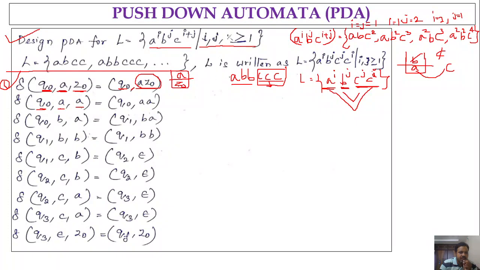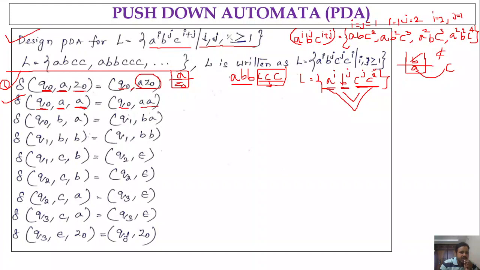The next possibility is that the next symbol could be a, and the top of the stack could also be a. This is the second possibility, where we have more than one a. In that scenario, the input is a and the top of the stack must also be a. So in this situation we stay in the same state and push a.